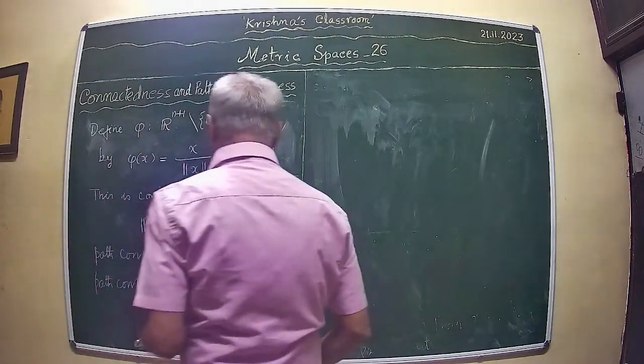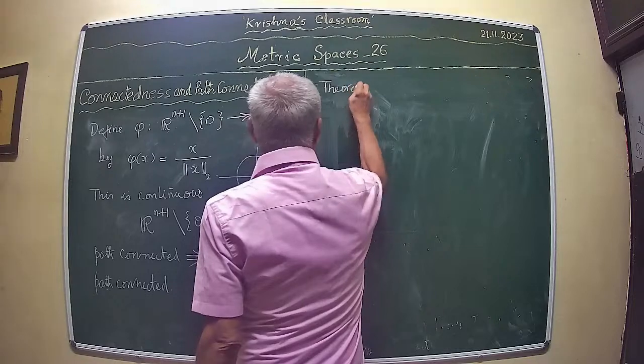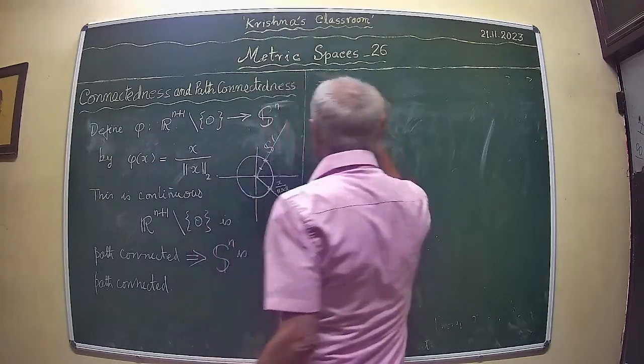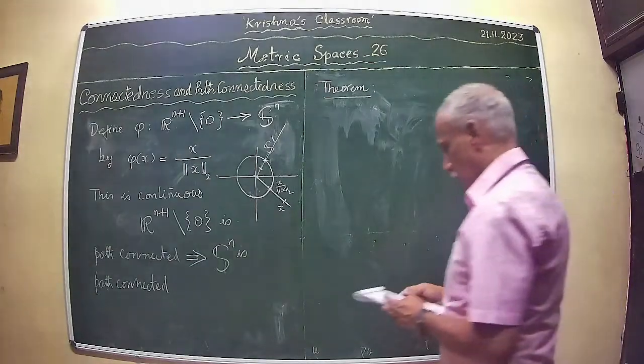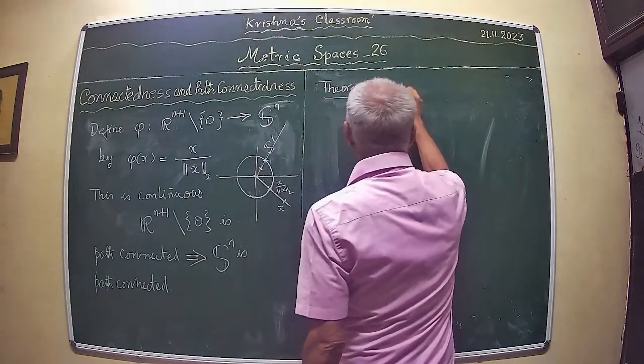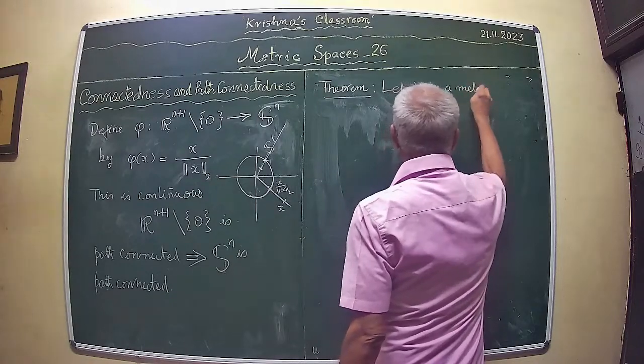Now the next theorem is this. This is the theorem that connects path connectedness with connectedness. Let X be a vector space.